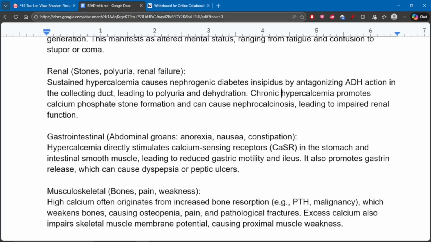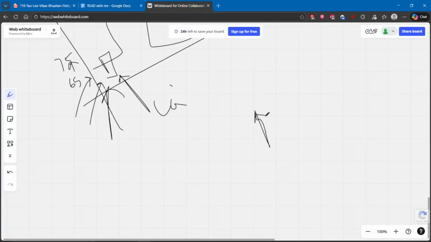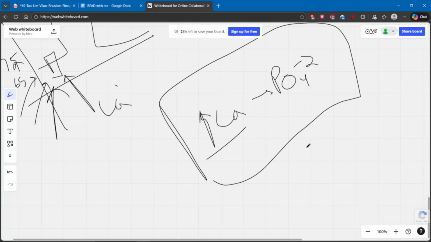Right. So if there is more calcium, what will it do? It will bind to phosphate. So this is phosphate. More calcium would increase the chance of this happening, and when this happens, this can lead to the stones, right?